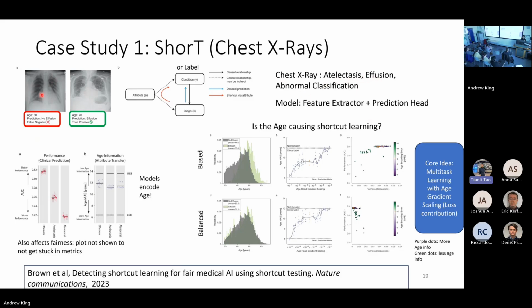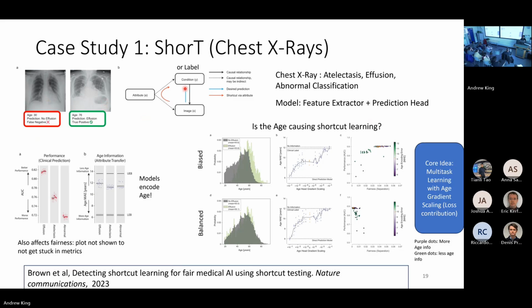And the example shown here is an effusion classification where we see the model can be biased based on the age. So the model could miss out on predicting effusion in young patients as opposed to older patients.